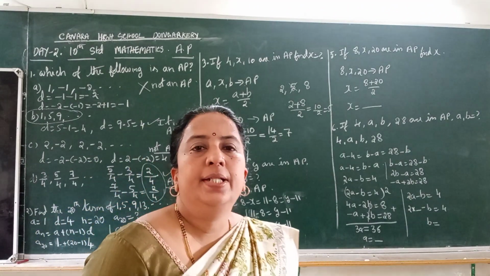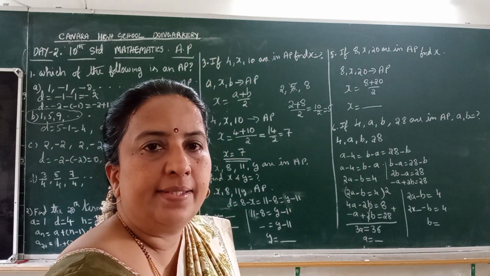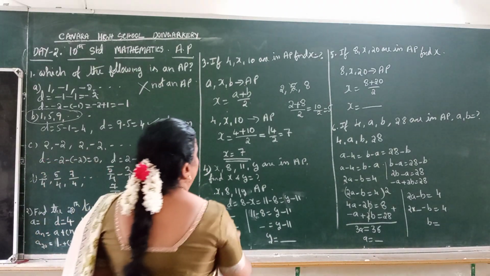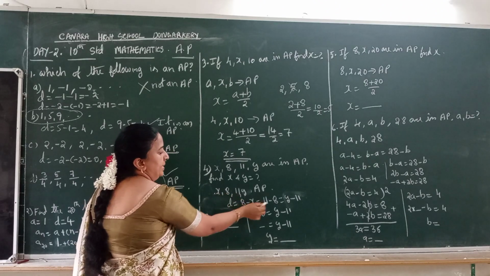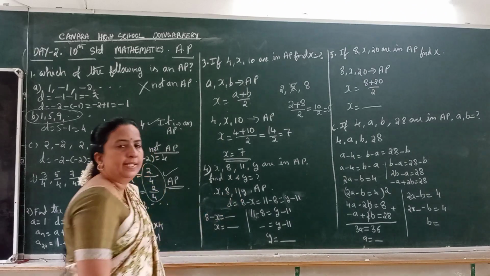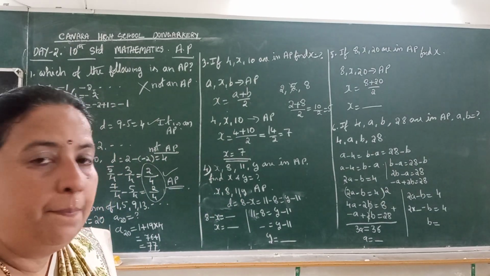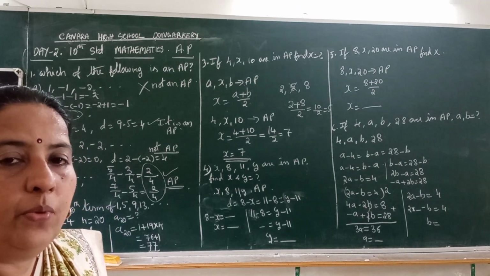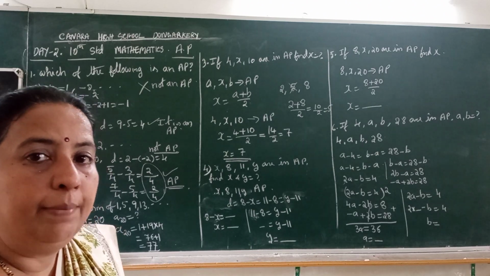Then how to find d? Second term minus first term, third term minus second term, fourth term minus third term. Let us write it. 8 minus x, 11 minus 8 is equal to y minus 11. 8 minus x is equal to 11 minus 8 is equal to y minus 11. All differences are same. Therefore, in between equal sign.